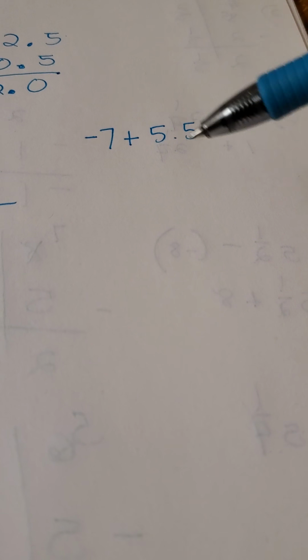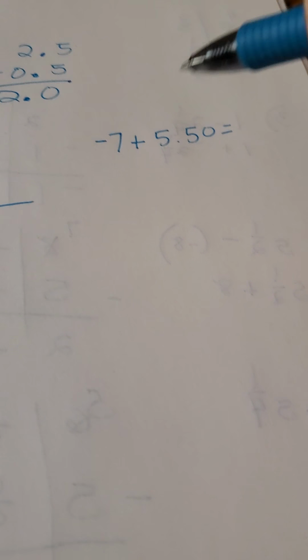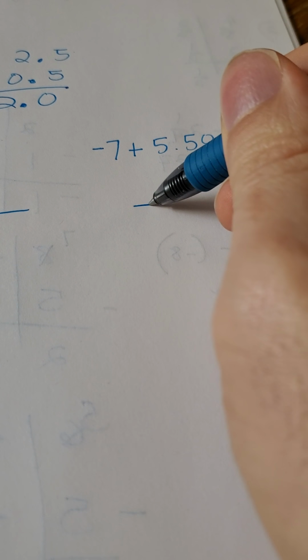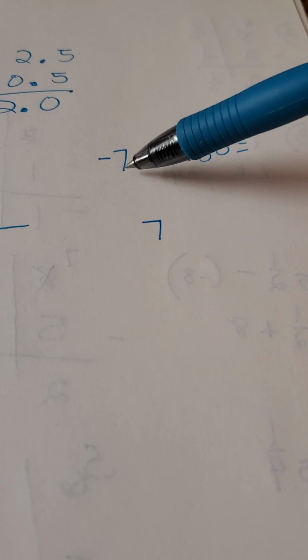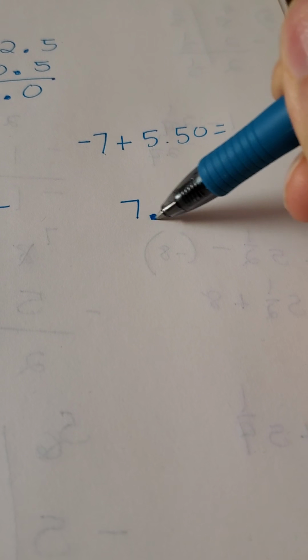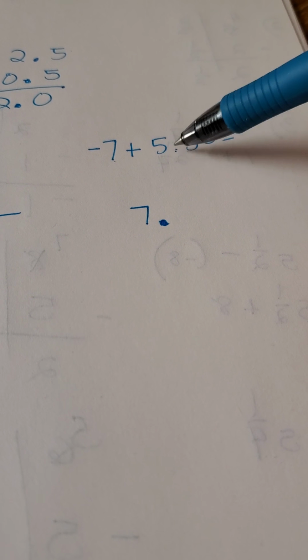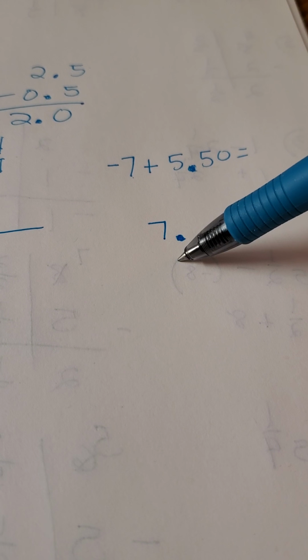Which number goes at the top? We have 7 and 5.5. So 7 goes at the top because it is larger. And this is a decimal problem. So we want to put the decimal in. And we want to make sure that this decimal here with 550 lines up with this one.